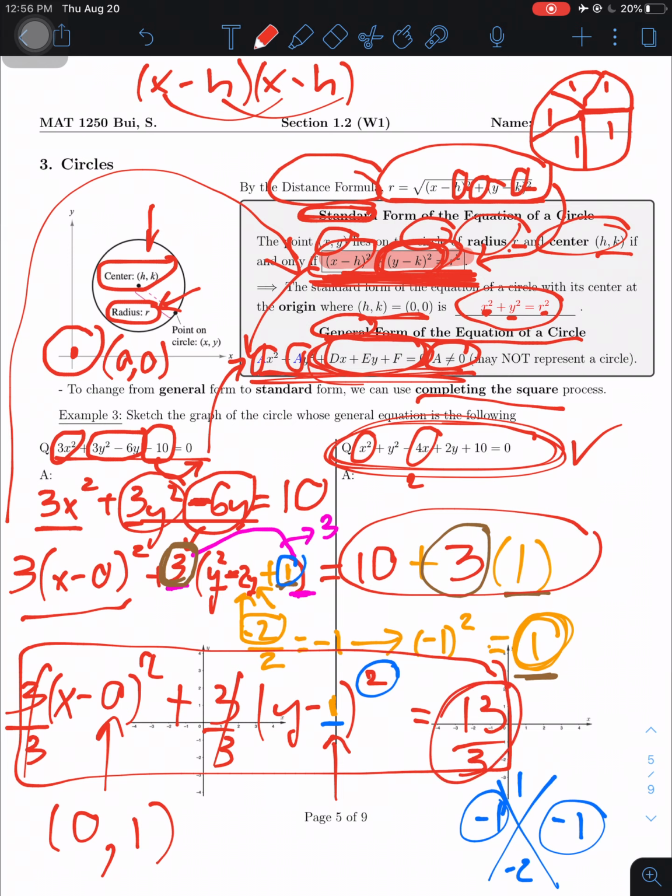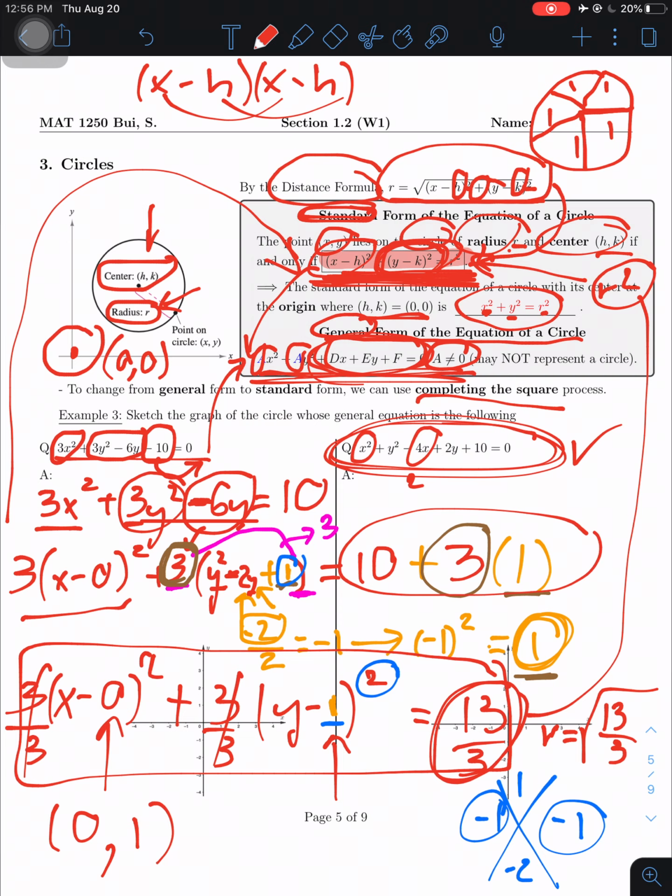And as for the radius, if you remember in the formula right here, I traced it out too much already, so you can barely see the formula, but it writes r squared in here. It means that this number in here equals r squared. So if you put it into the calculator and do square root of 13 divided by 3, that will give you r as the radius.